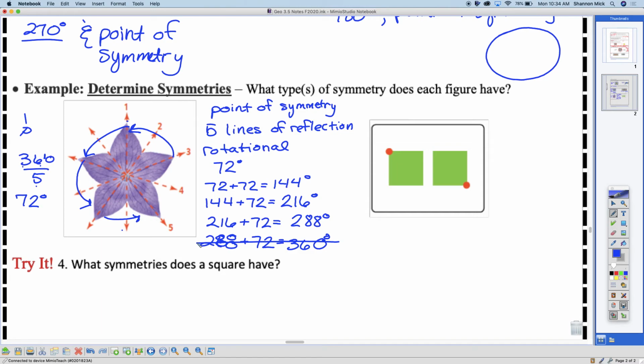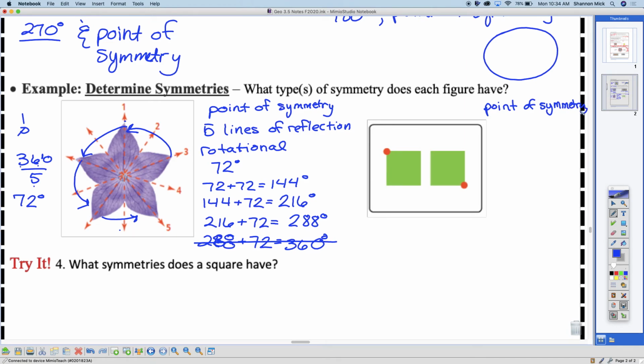Okay, so does it have a point of symmetry? Yeah. So what are the other 2 points for? Oh, to add it instead of just 2 squares. They just have 2 points. Okay, point of symmetry. What is the rotational symmetry here? 180.